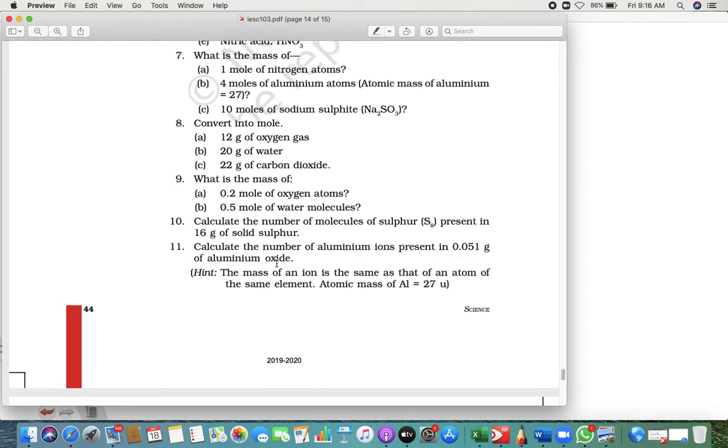In the next question they say calculate the number of aluminum ions present in a given mass. So basically small m is given, and they ask you to find out the number of ions. Again they ask you to find out capital N, and the same formula we will use. Small m is given as 0.051 gram, and capital M is for aluminum oxide, Al2O3.